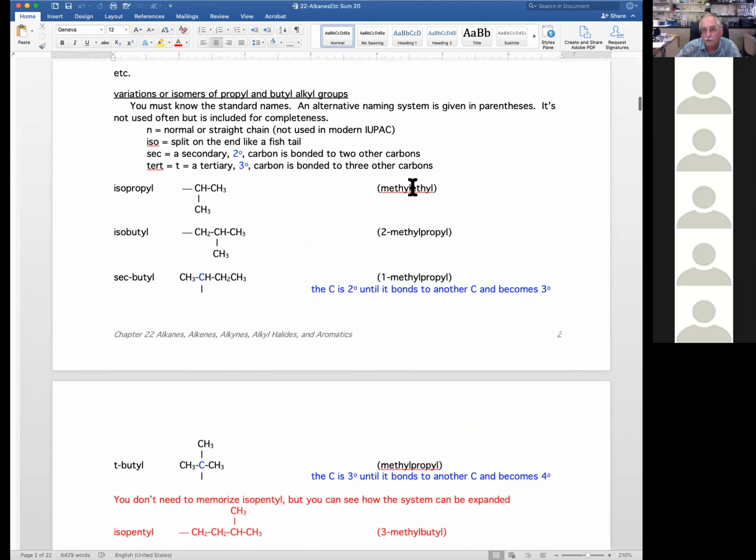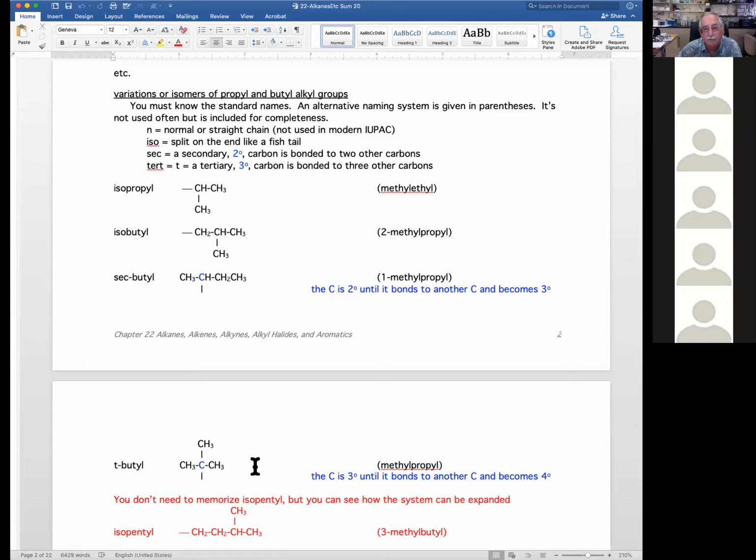So what I put in parentheses over here was a way that they tried, and I don't know what they're doing with it now, whether it's simply abandoned or not. But when I first took organic chemistry, in the late 70s, you had to memorize a whole bunch of these. There was no prisoners taken.